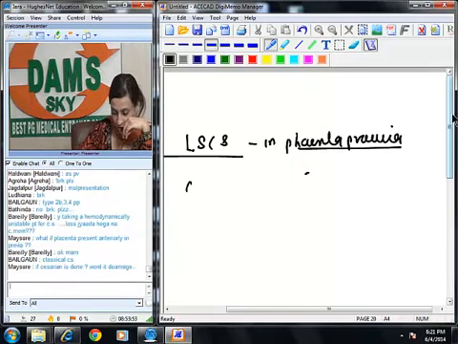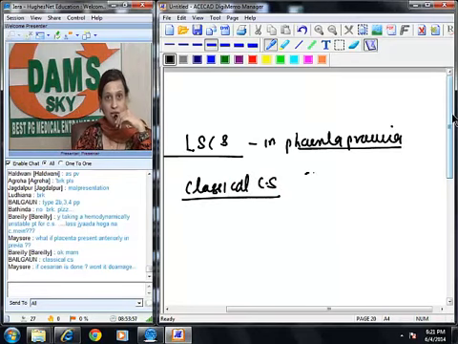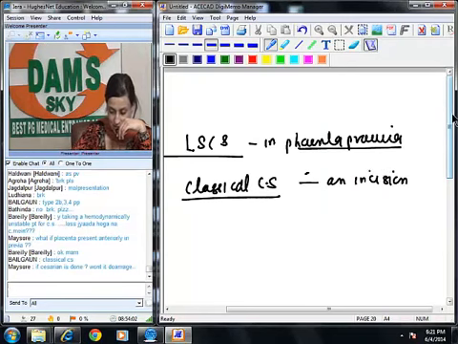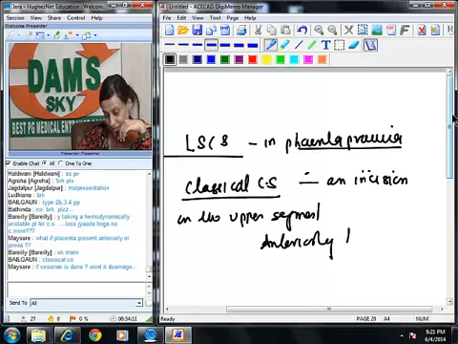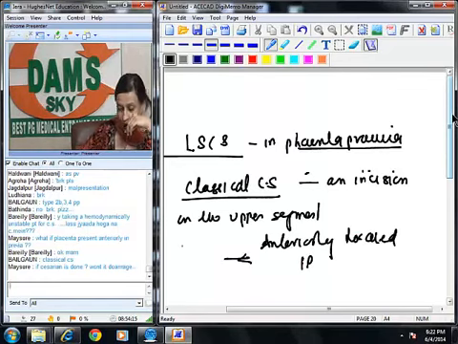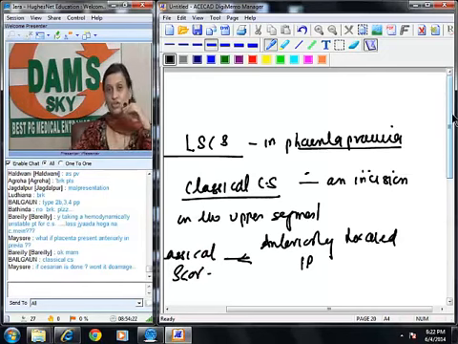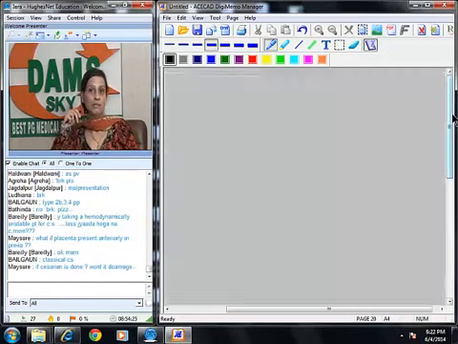But yes, if we talk about the indication for classical cesarean, which is an incision on the upper segment, then an anteriorly located placenta previa may, instead of the lower segment cesarean, get the classical scar, so that we don't cut open the placenta.